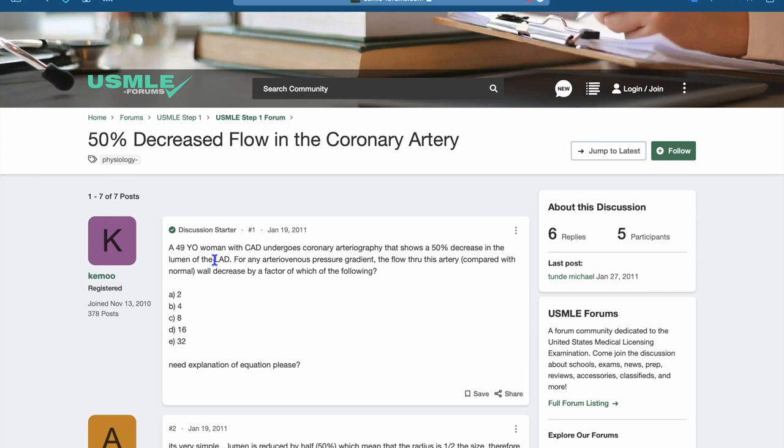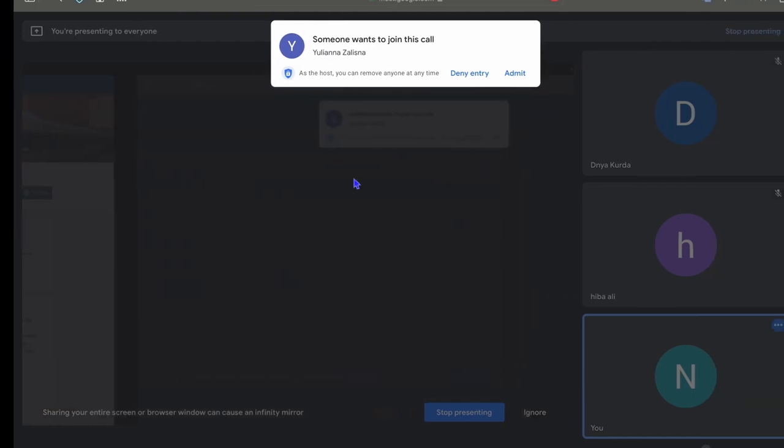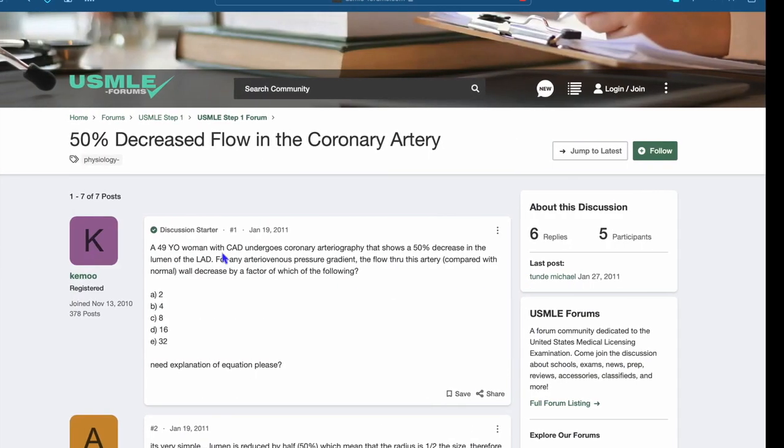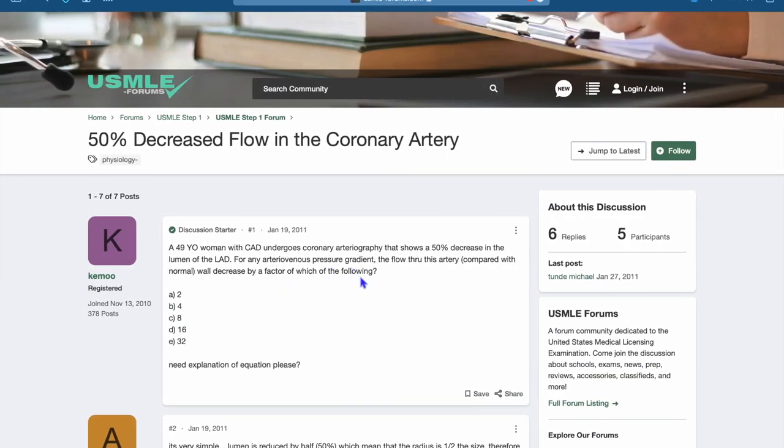Okay, right. For any pressure gradient, the flow through this artery compared with normal decreases by a factor of which of the following, right? So that's the question.